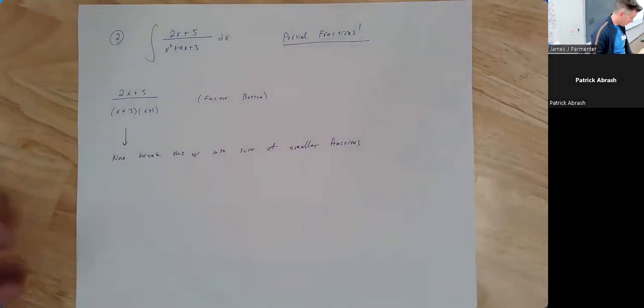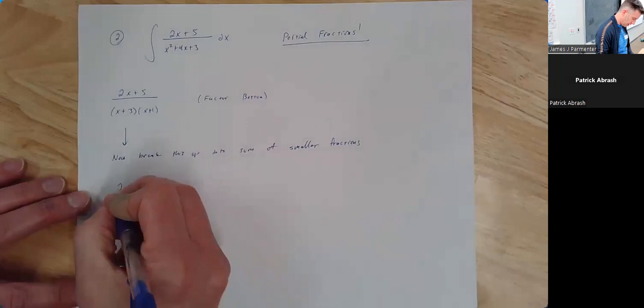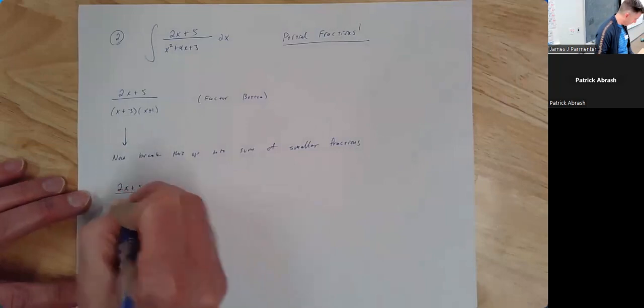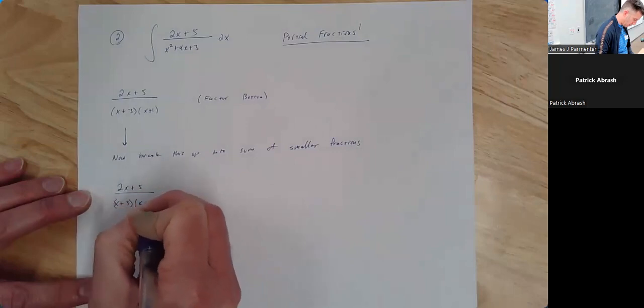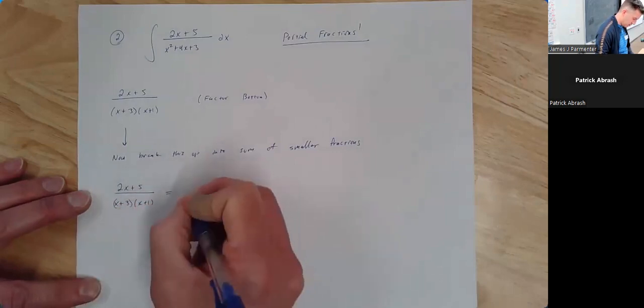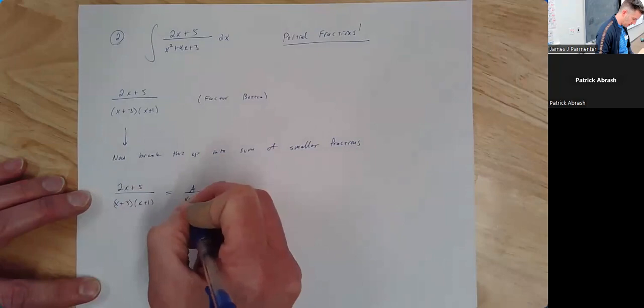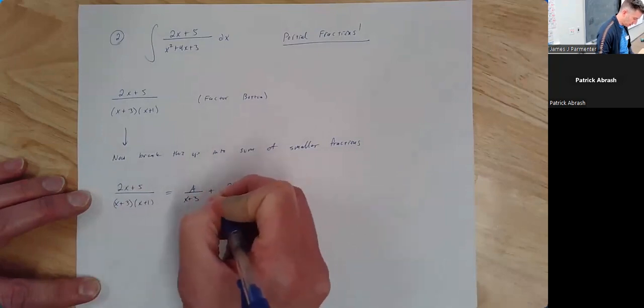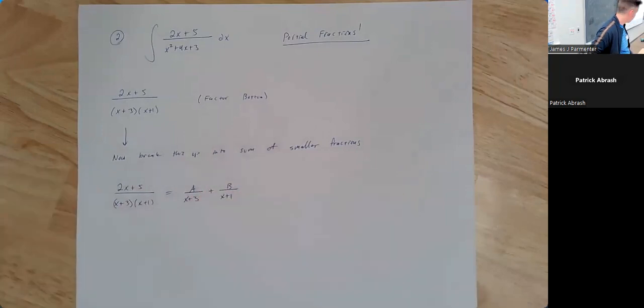Here's what I mean. We're going to say that this 2x plus 5 over x plus 3 times x plus 1 is equal to some constant a divided by x plus 3 plus some other constant b divided by x plus 1.